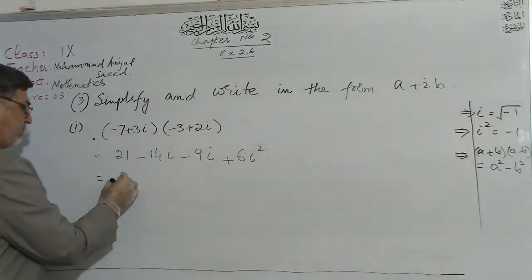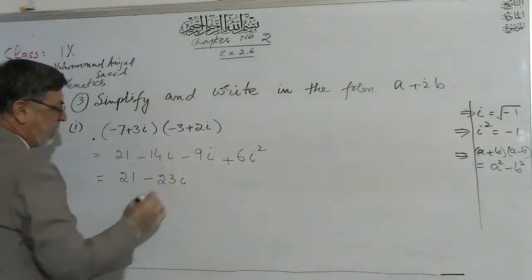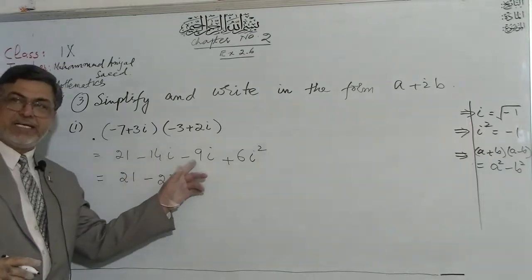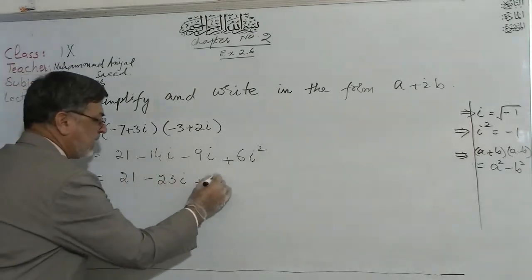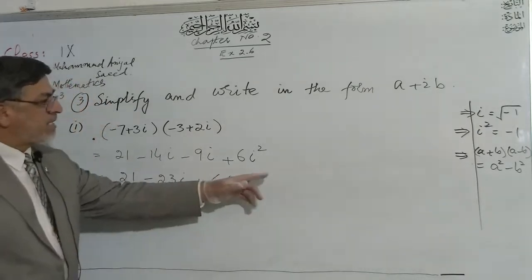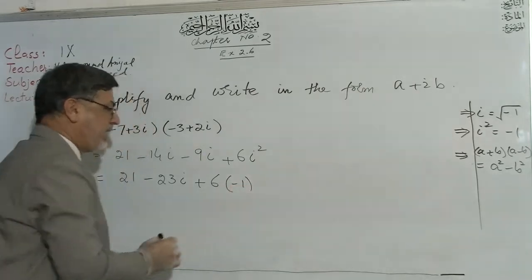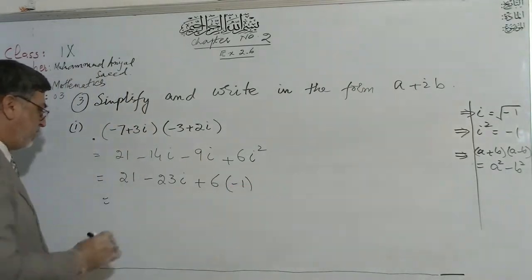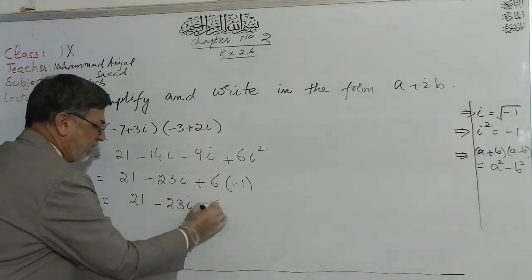Here is 21 minus 23 iota. This is minus 14 minus 9, that is minus 23 iota. Here is plus 6 and the value of iota square is minus 1. So you apply this value of iota square here, that will be minus 1: 21 minus 23 iota and minus 6.